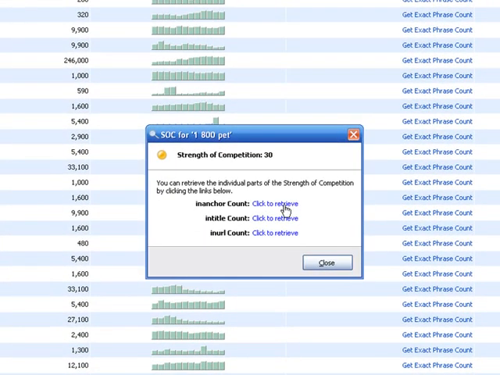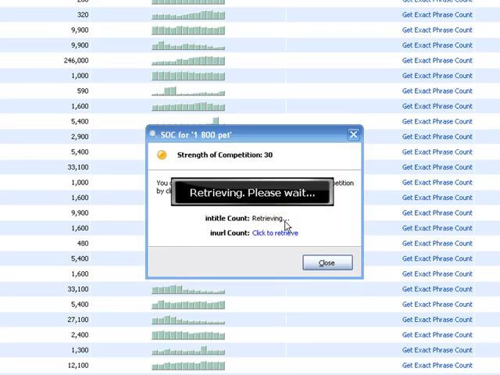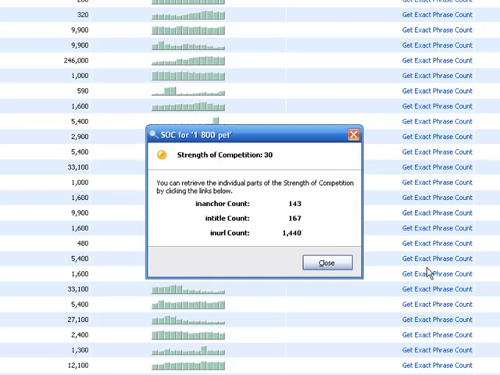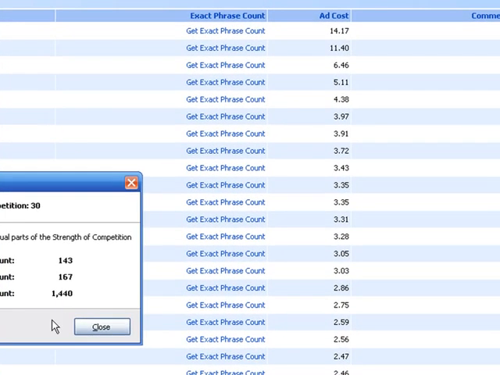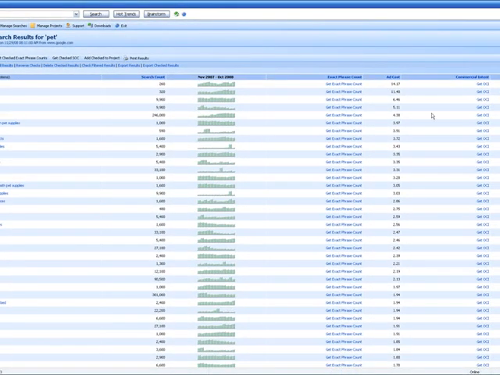In anchor count, you can click to retrieve that. 143, incredibly low. In title, that's the optimized in title, 167. And in the URL itself, optimized 1440, a lot more, but that means nothing really when you add the three together. And the software algorithm that's been designed by the developers adds together that figure and comes up with 30 for that term.